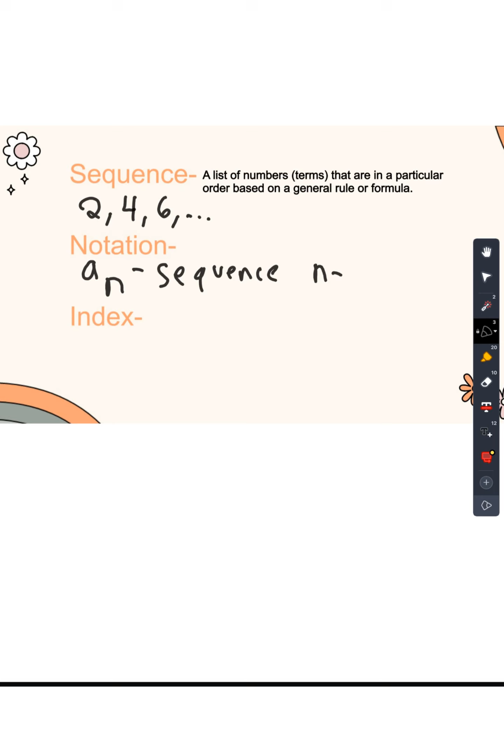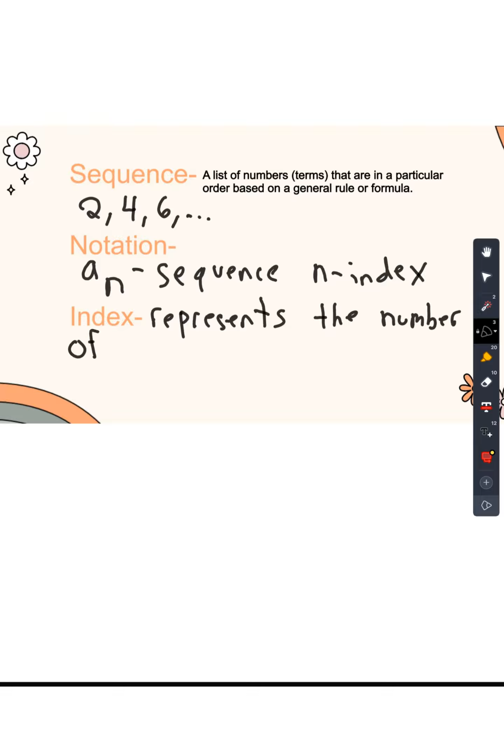N is called our index, and our index represents the number of the term that you're on.